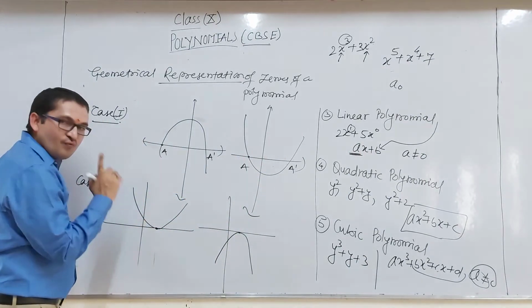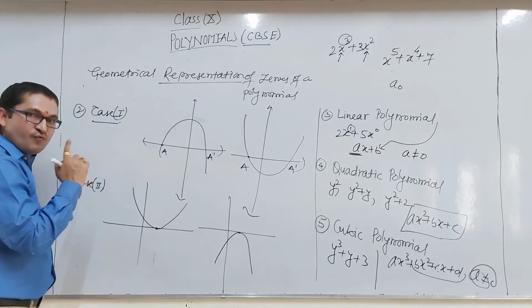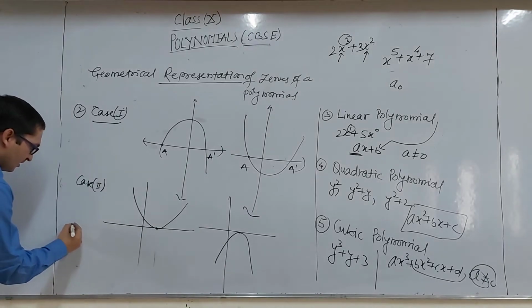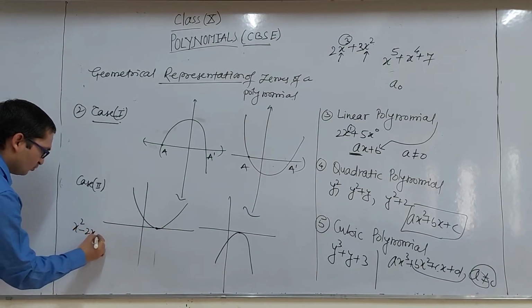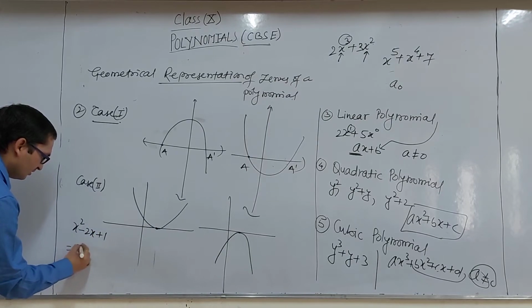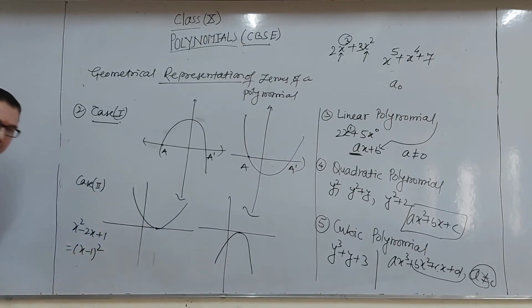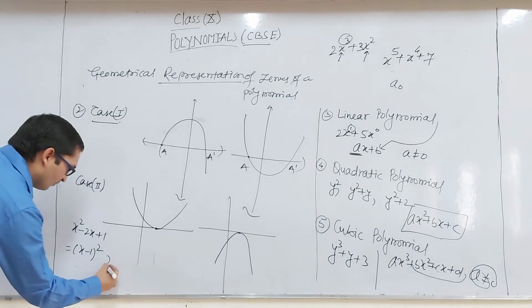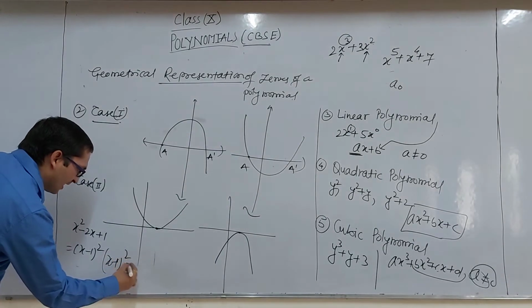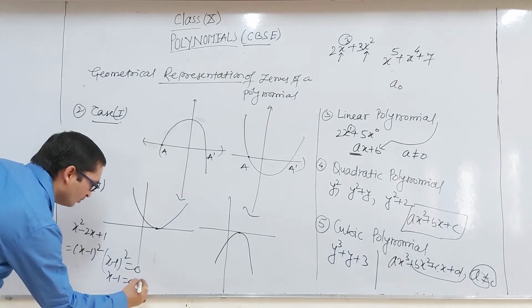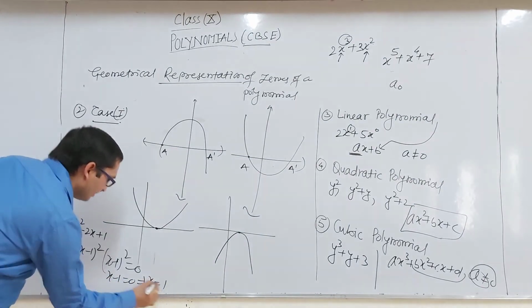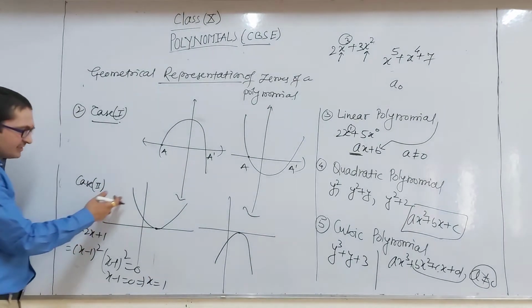Here you will get 1 zero. For example, x square minus 2x plus 1 is x minus 1 whole square. What are the zeros of x minus 1 whole square? To calculate the zeros, you have to equate with 0. So x minus 1 equal to 0, which implies that x is equal to 1. In this case, you will get the graph like this.